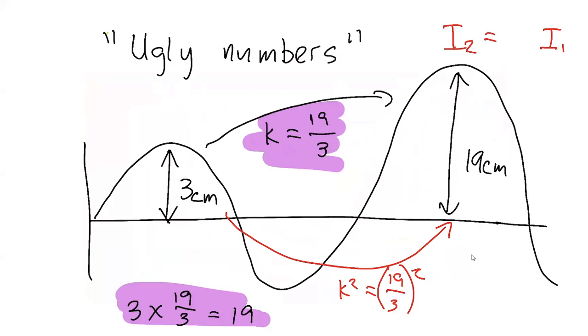Correct, so it's 40.1. So you can check that on a calculator if you multiply 19 divided by 3 times 2. Okay, so that's how you can do it just using K and K squared sort of factors.